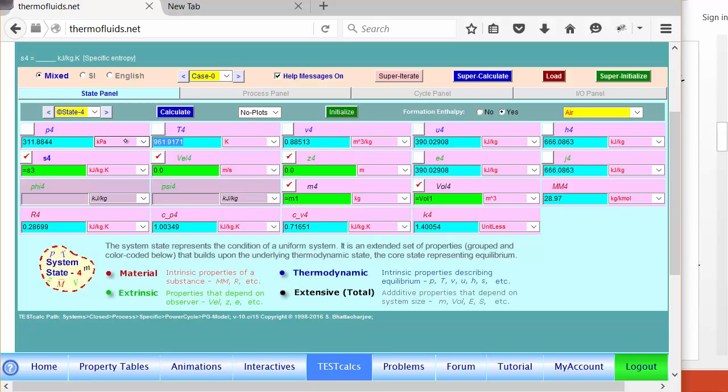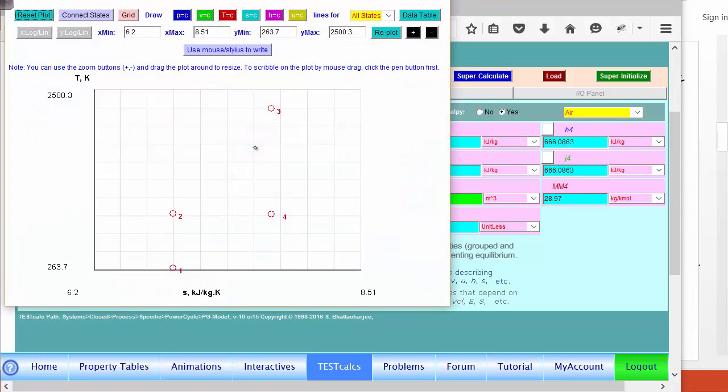One good thing to do here is to draw a TS diagram to make sure we didn't make a mistake. 1, 2, 3, 4 is our cycle. We know if we draw a constant pressure line through state 2, we select state 2, constant pressure line, click on P equals C, it must go through 2, 3.